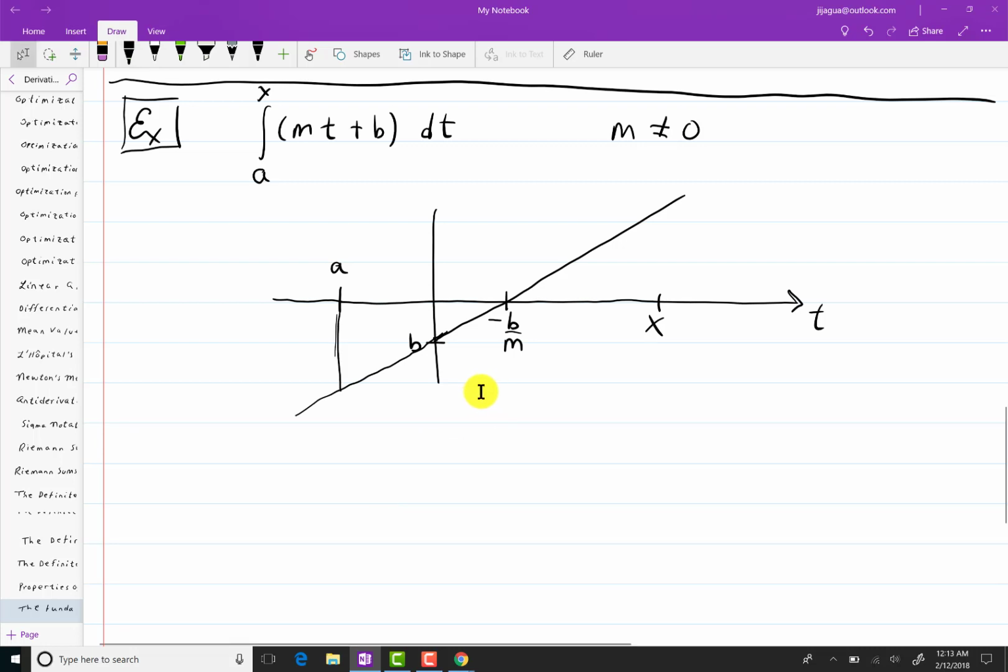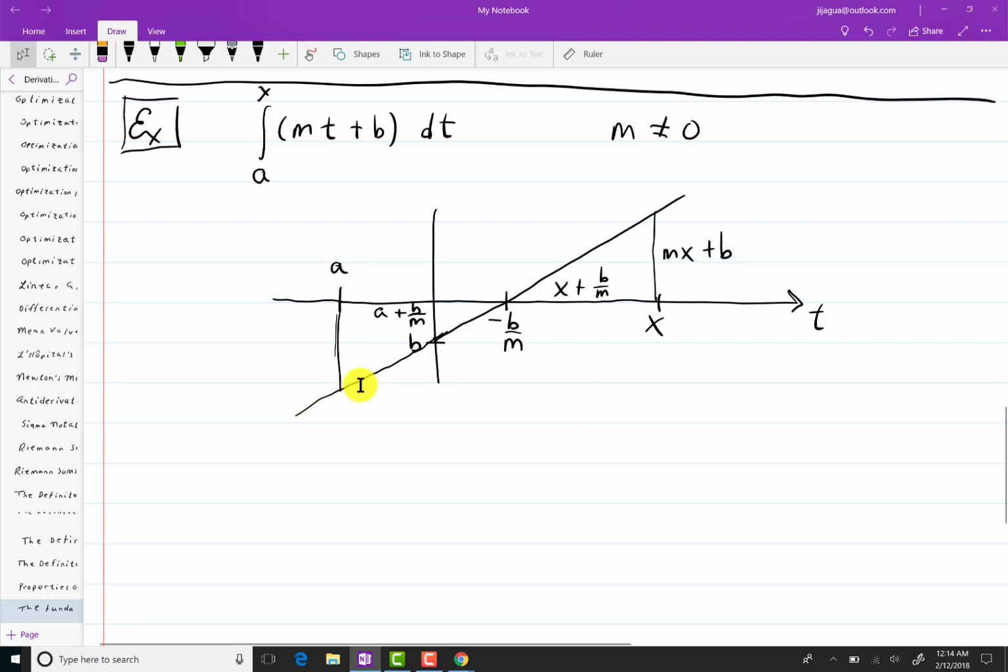So then what I'll have is a triangle where the base is x plus b over m. The height is mx plus b. But then you've got this piece here, which is all negative stuff. The length of this base is a plus b over m.